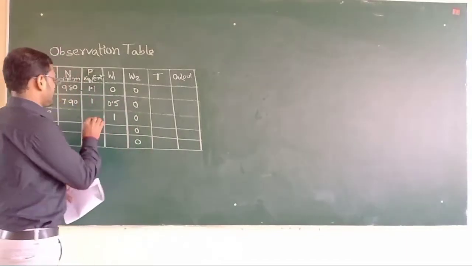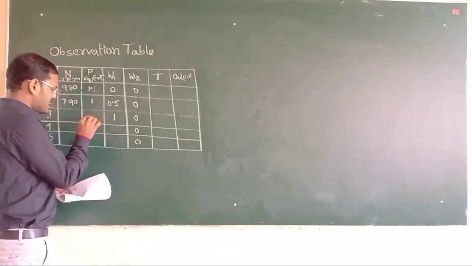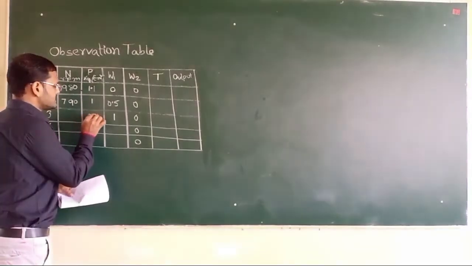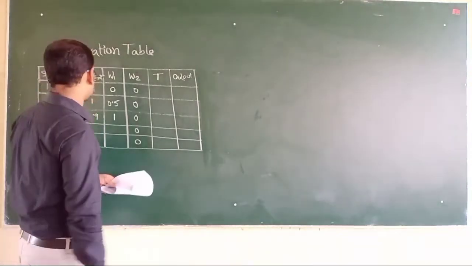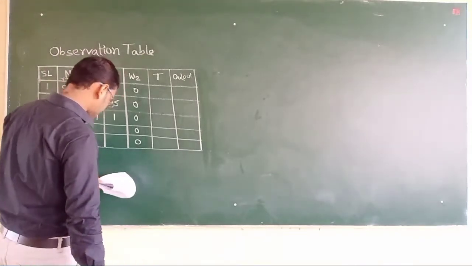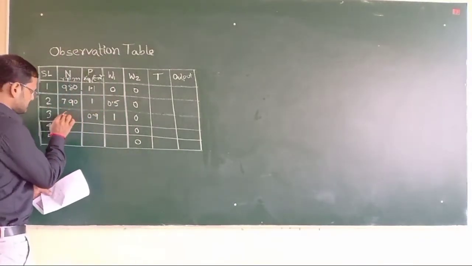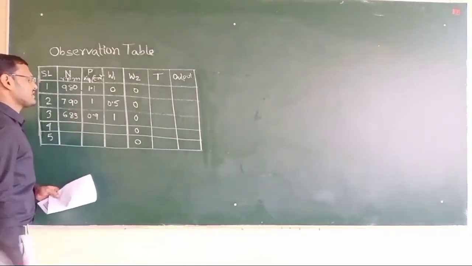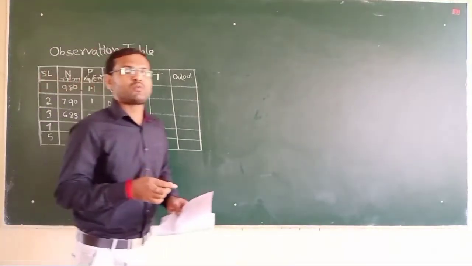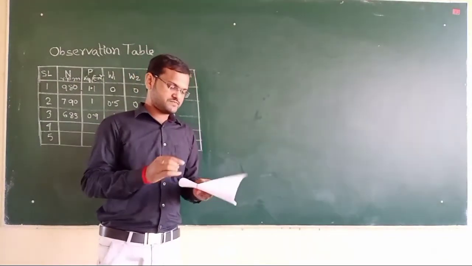After that we apply the load of 1 kg. Then the pressure gauge reading was 0.9 kg per centimeter square and the RPM was 683.